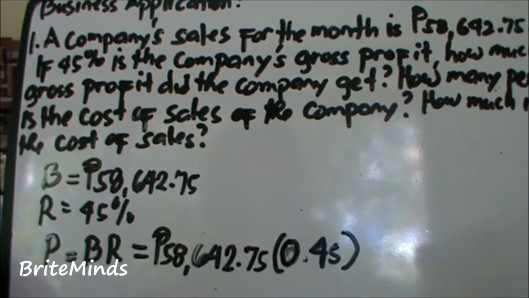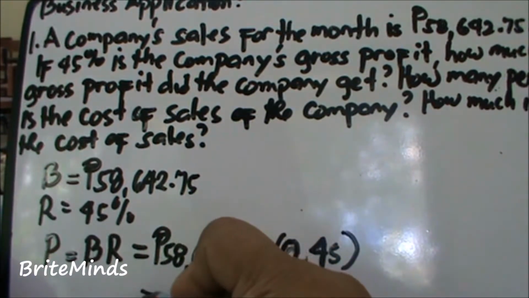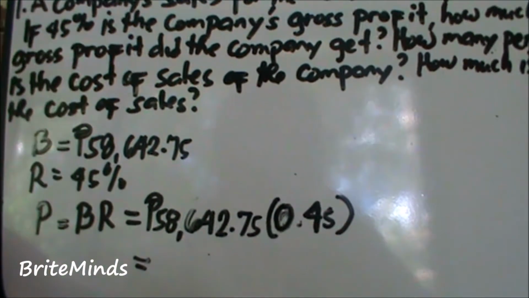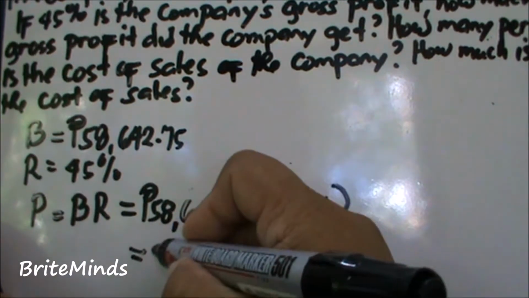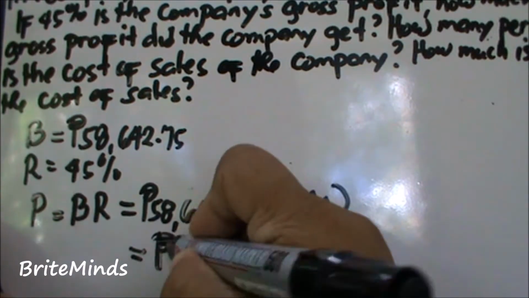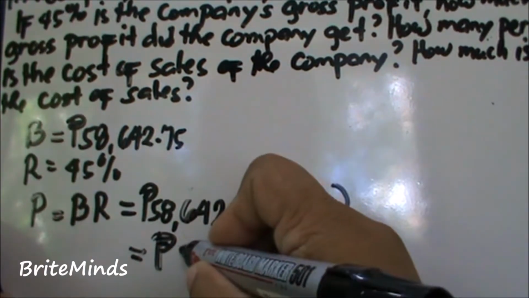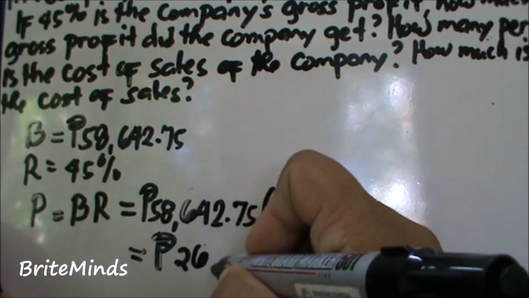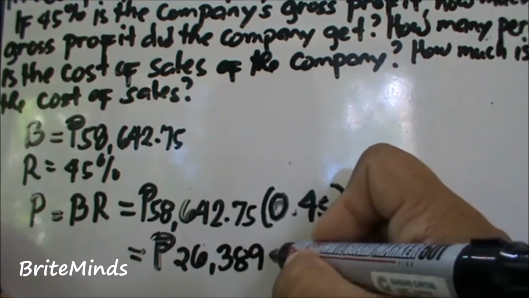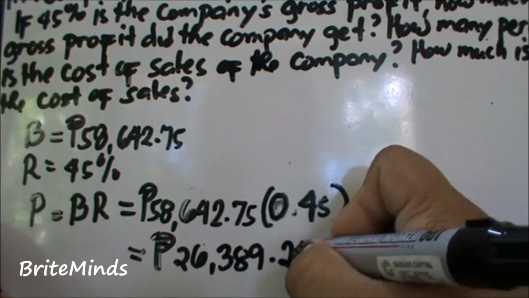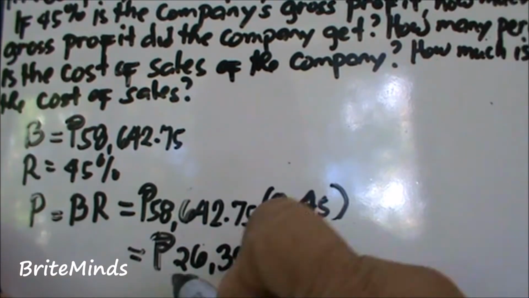Okay, so now our percentage will be 58,642 pesos and 75 centavos times 0.45. So the percentage is, get your calculator and compute it. 26,389 pesos and 24 centavos.